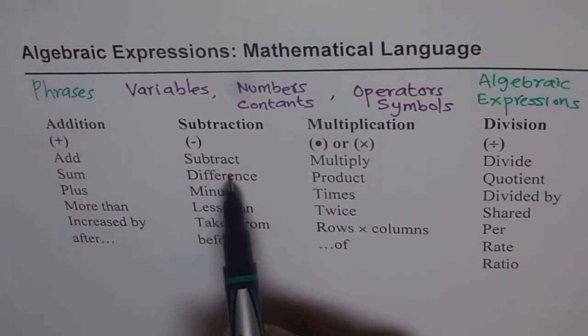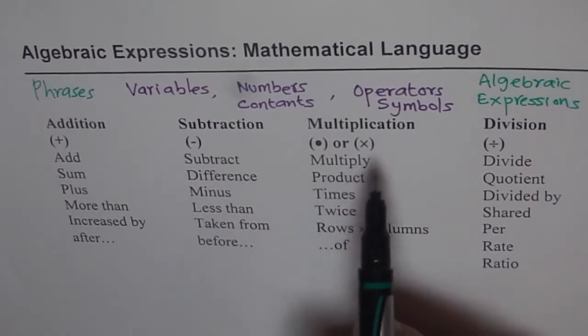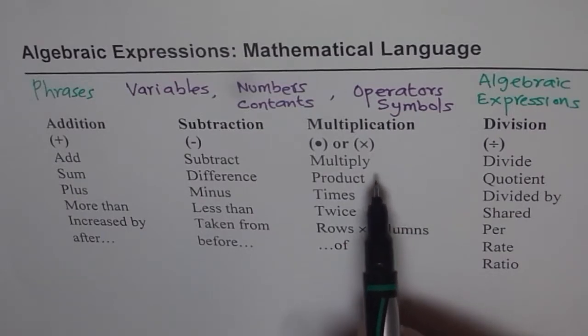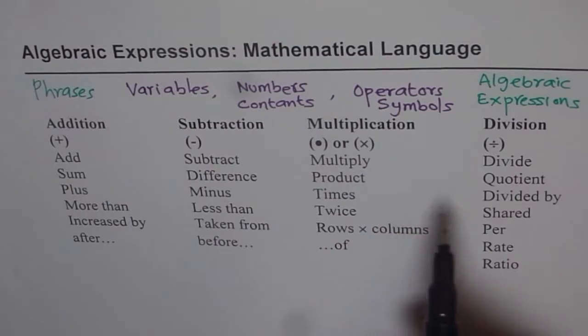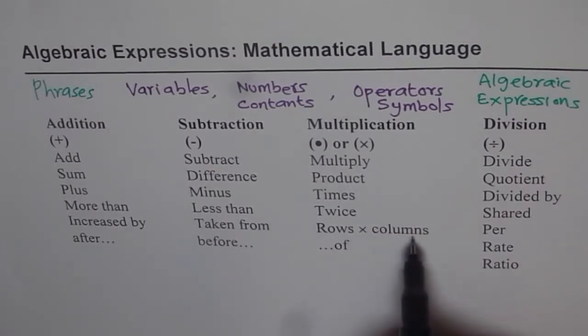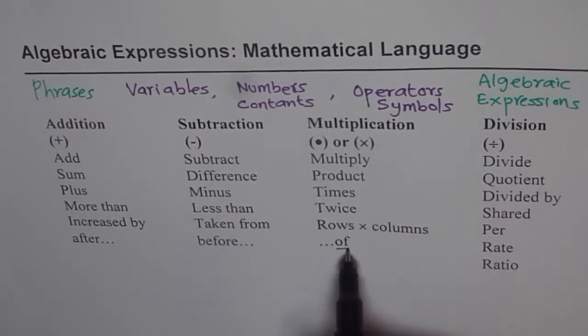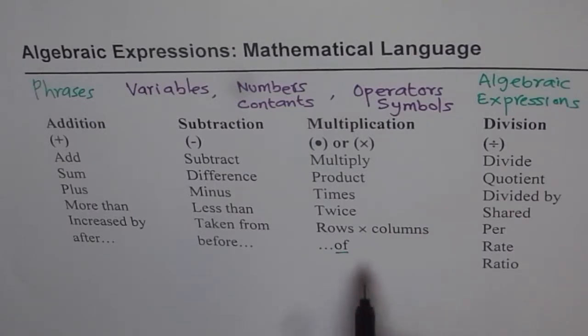Minus itself, difference and subtraction are keywords for subtraction. For multiplication, we use words like multiply, product, times, twice, thrice. Rows into columns gives us area. "Of" was a very key word.